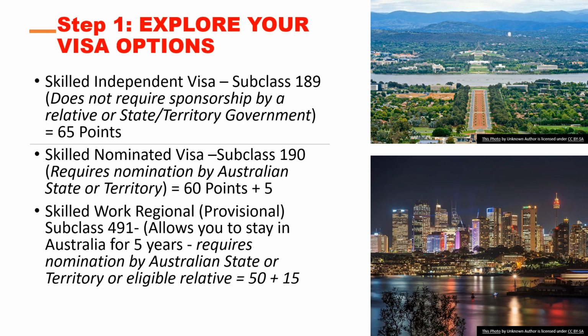The skilled work regional provisional visa is temporary, known as subclass 491. This also requires nomination by an Australian state or territory or an eligible relative. In terms of points, you are required to have at least 50 points, and then the state will award you 15 points.